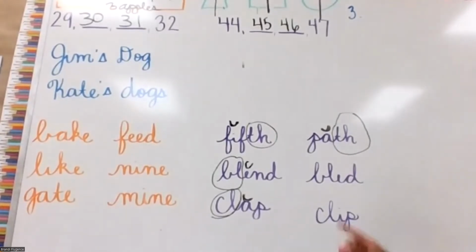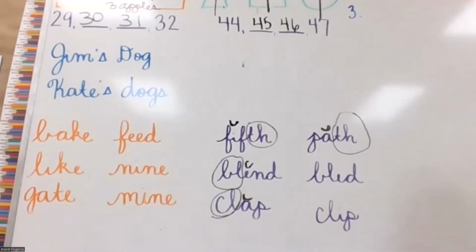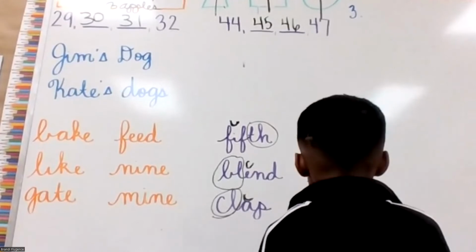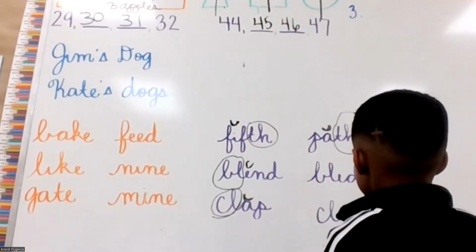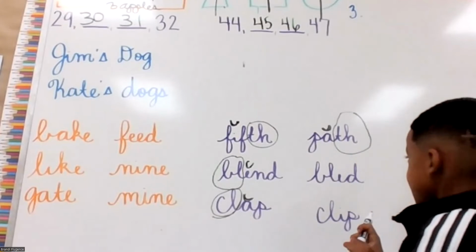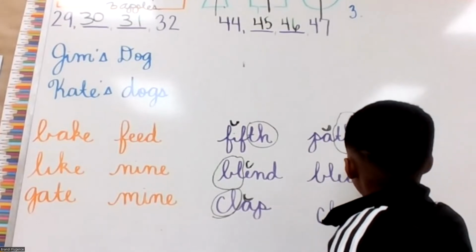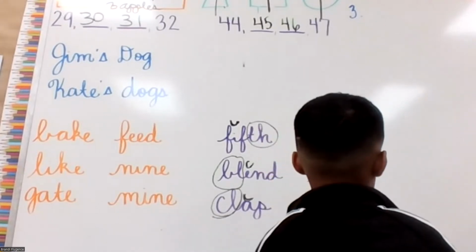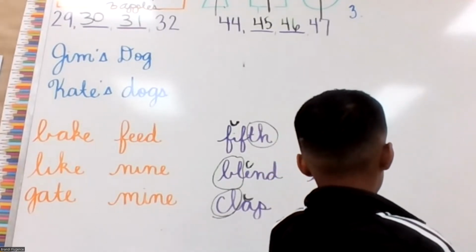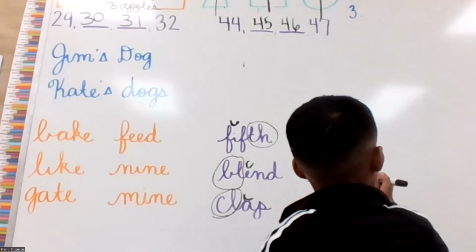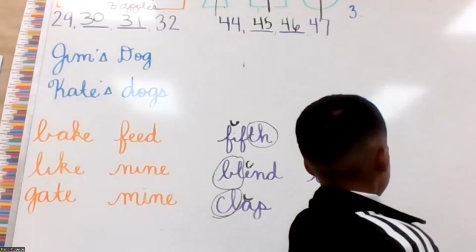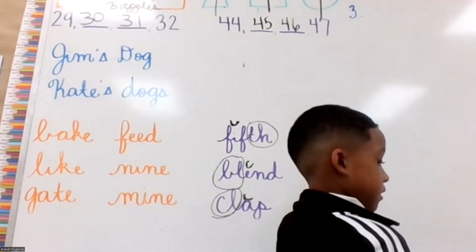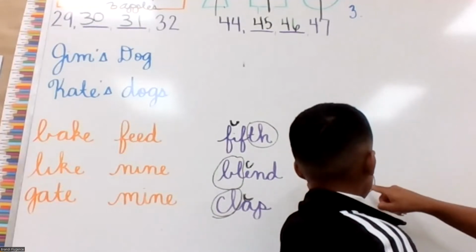Kindle. Sorry. Next one. Bad. This is a C. This is an A or a C. That's a C and the L. That's an ED.